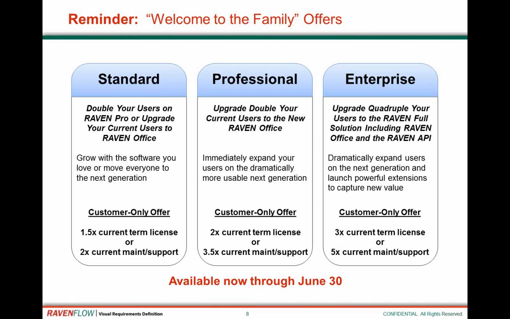But we don't want to spend a lot of time going through this, other than to say we will be reaching out to you independently and individually about your current situation, the current software you have under license and under maintenance, and then have a discussion about whether you see value in the Raven for Office product line, or the Office-centric product line, and whether you want to take us up on any of these offers, which provide pretty significant value in terms of doubling or quadrupling your user base for basically a fractional uplift on your maintenance costs for last year. But again, all that's individual to you, and so we don't want to take too many questions about that part of it.